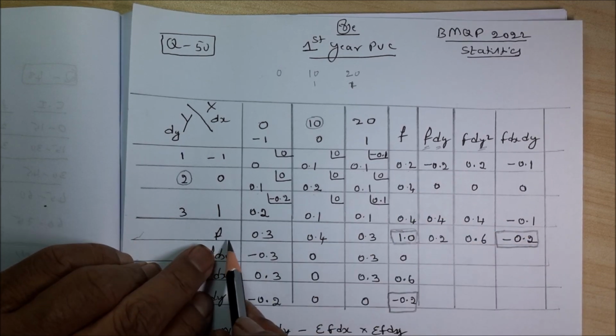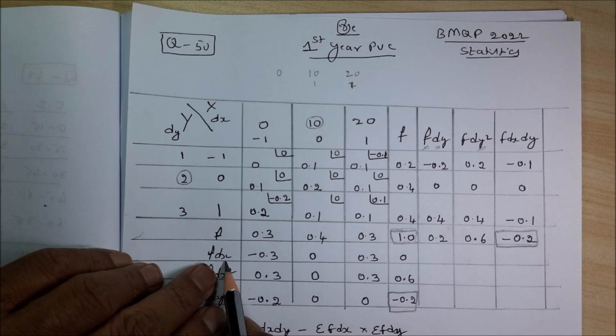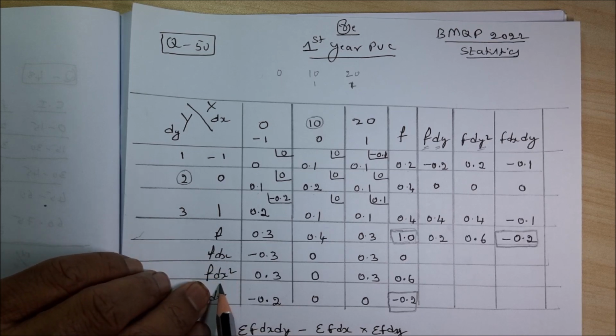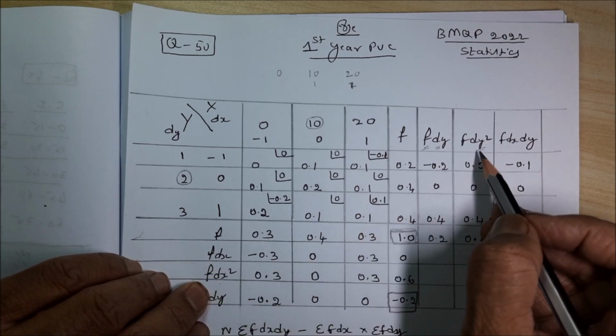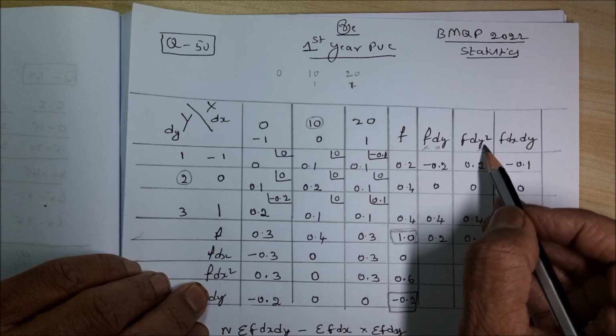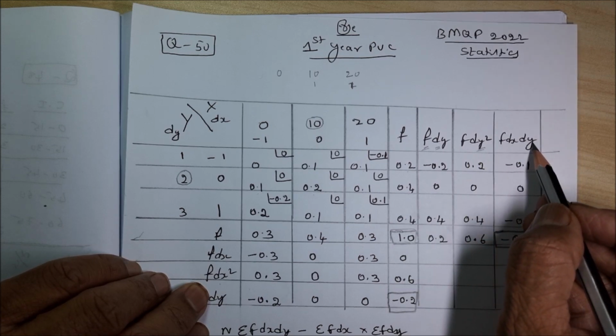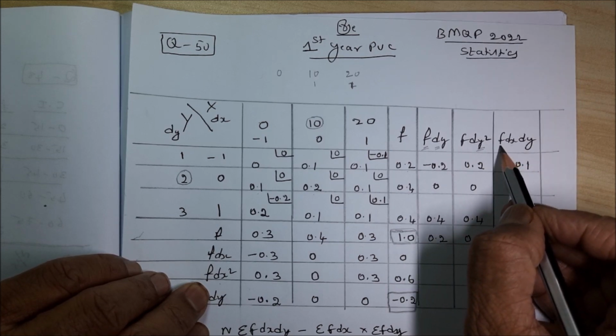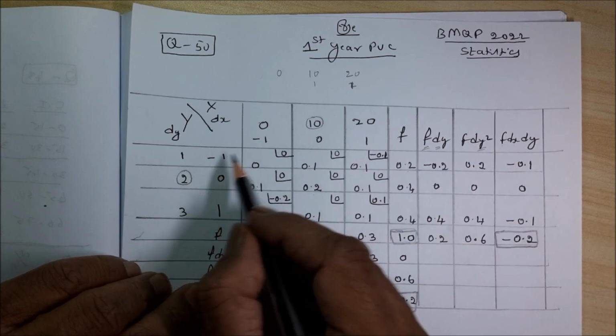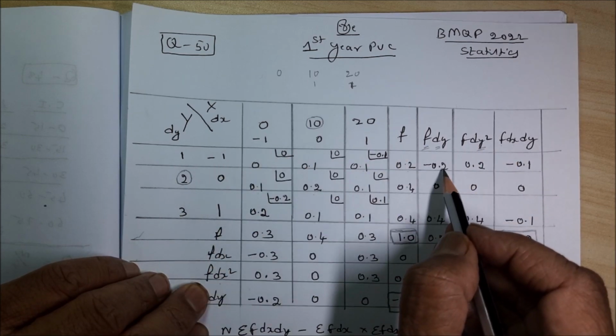In the similar fashion here also f is there, f into dx, then f into dx square. Then dx dy, it is dx dy into frequency. So dx into dy into the frequency.